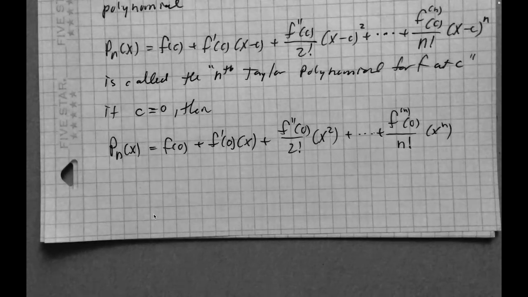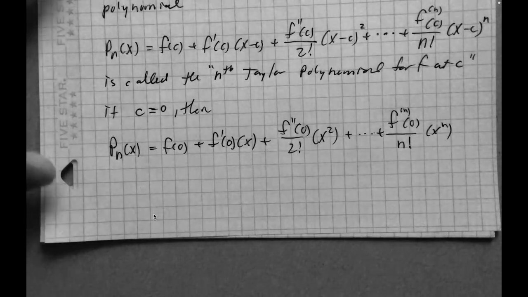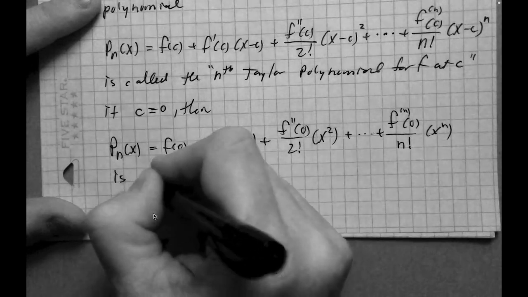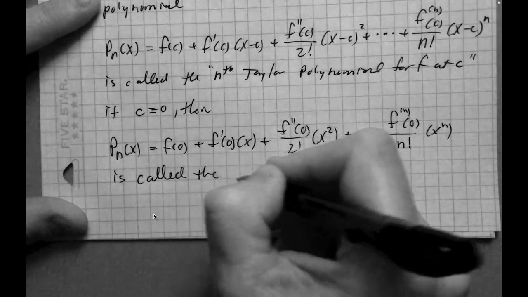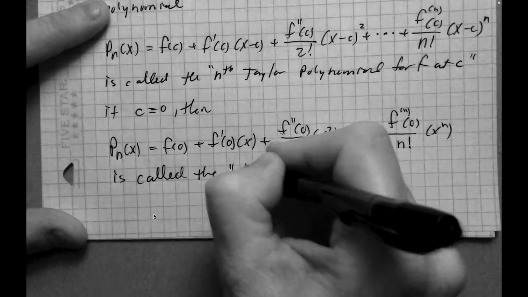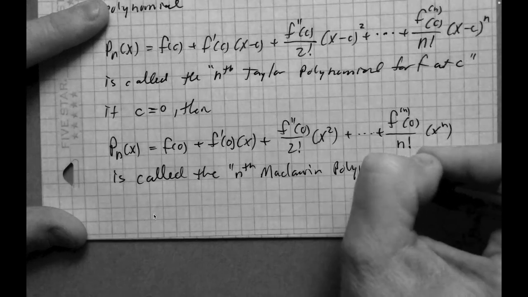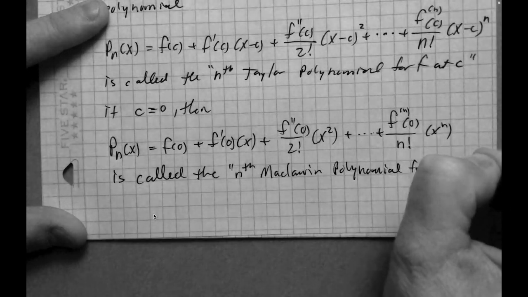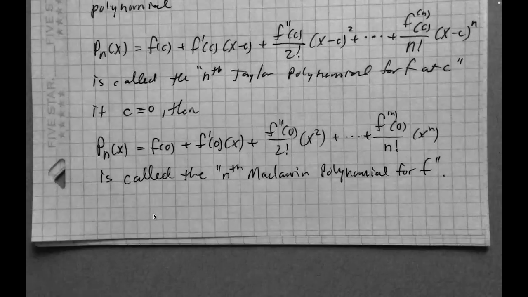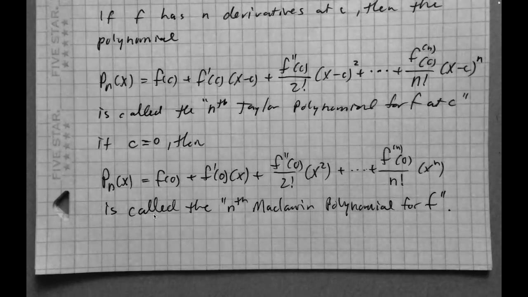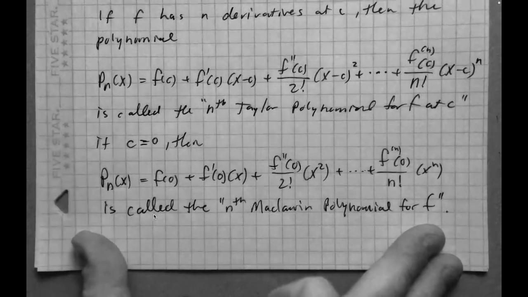It's called the nth Maclaurin polynomial for f. So it's basically a Taylor polynomial centered at 0. Okay, very good.